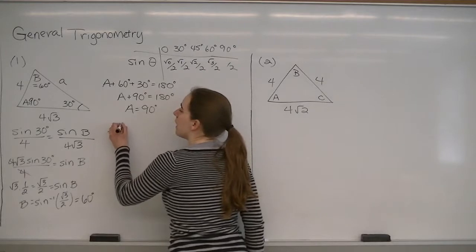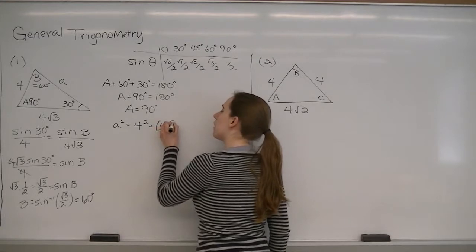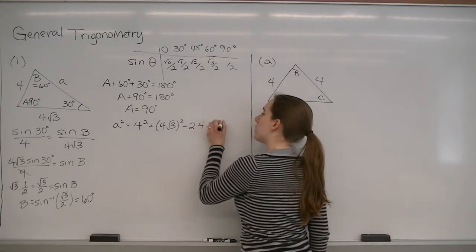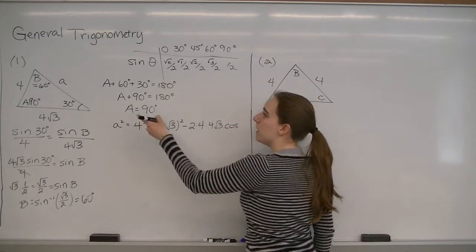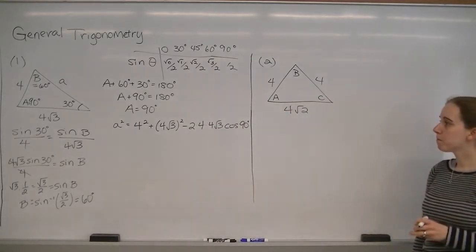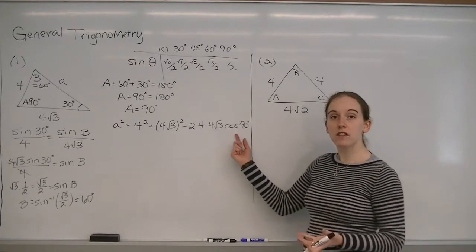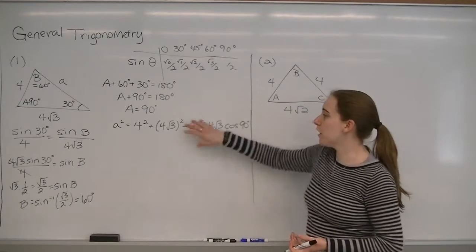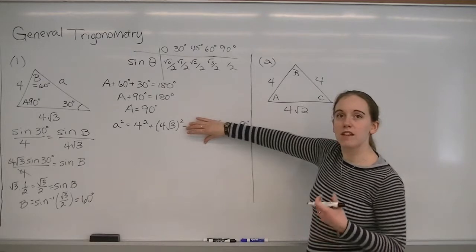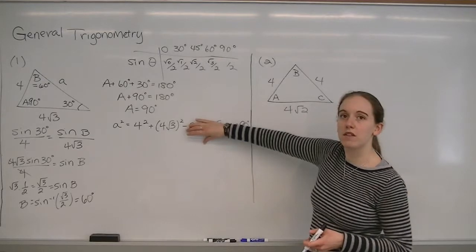So we would set up A squared is equal to 4 squared plus 4 times the square root of 3 squared minus 2 times 4 times 4 root 3 cosine of big A, which we just found was 90 degrees. Notice that the cosine of 90 degrees is actually 0. So this whole term is all going to disappear, and we end up with exactly the Pythagorean theorem. We said A was the hypotenuse, so we're taking the hypotenuse squared, and it's equal to the sum of the squares of the other two sides.